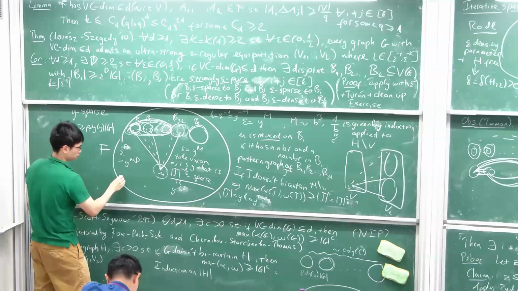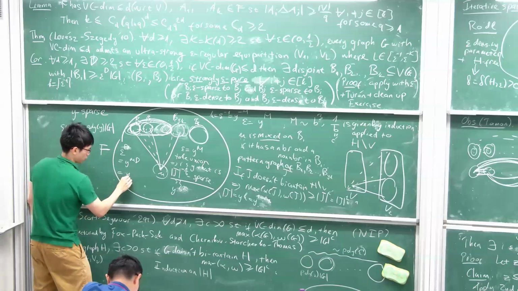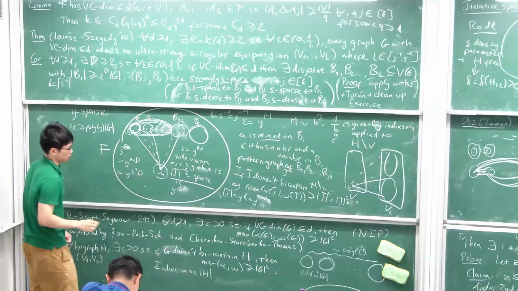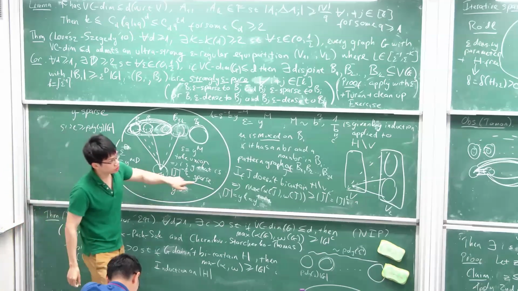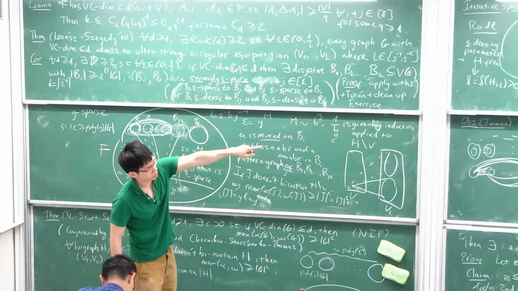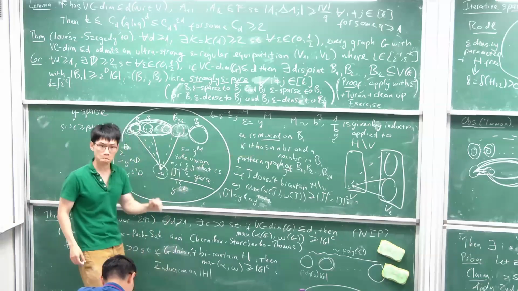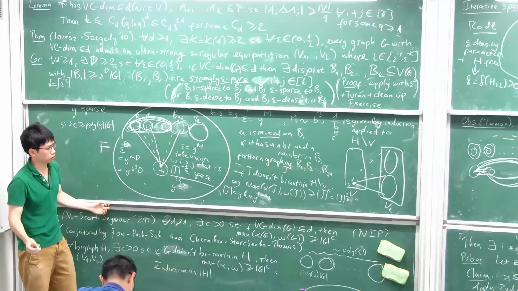Which is y to the b cubed times d. So now if you look at this, then the shape is very similar to the shape in the iterative sparsification line over there. I'll let you do the numbers.